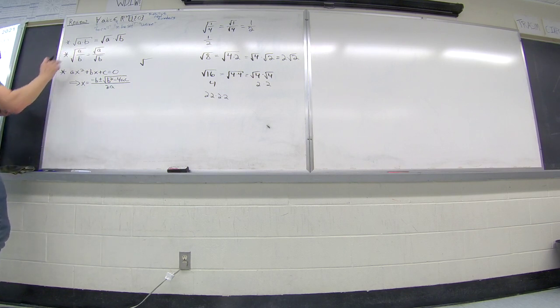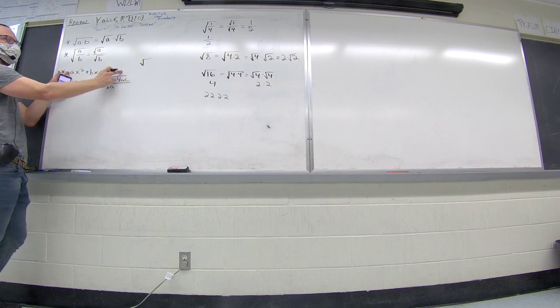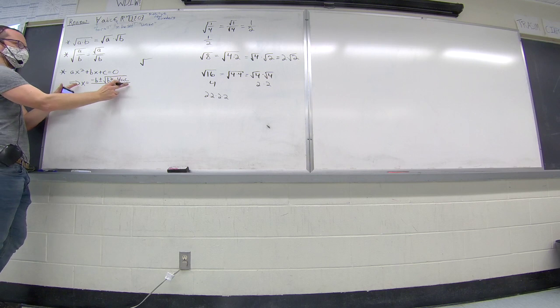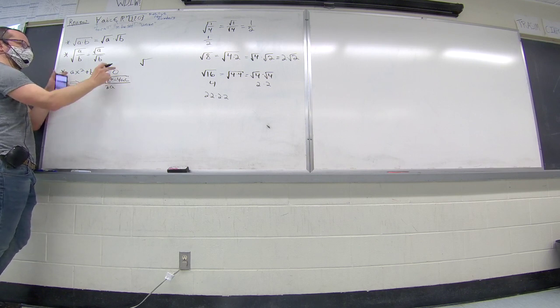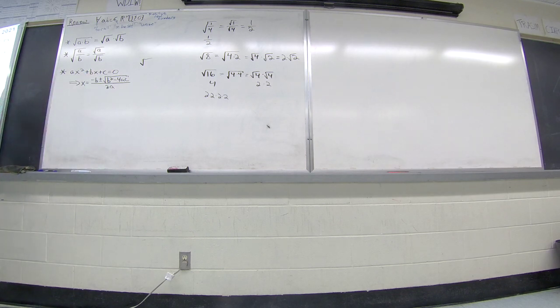So these are the three things that we need to know. This quadratic formula says when you have a quadratic equation in standard form, you can use this formula to get the roots, the solutions to that equation.